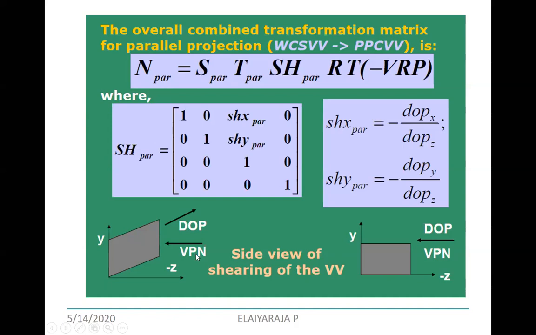Shear x is x by z and shear y is y by z in your parallel projection.